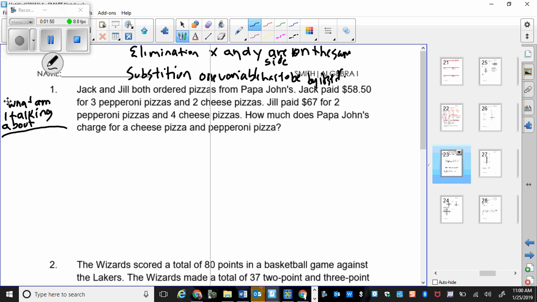Jack and Jill both ordered pizzas from Papa John's. Talking about pizza, Jack paid $58.50. He bought 3 pepperoni pizzas and 2 cheese pizzas. The cost was this total right here. So we're adding, I already kind of have an idea of what we're talking about here.